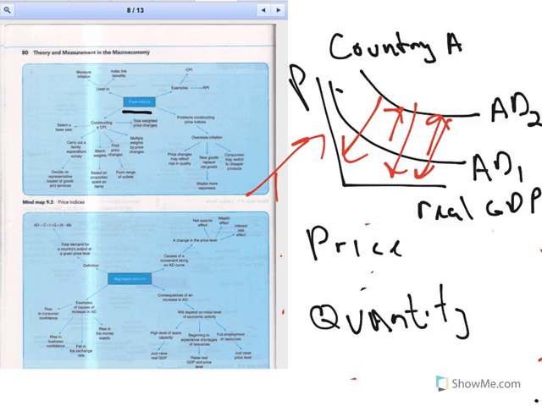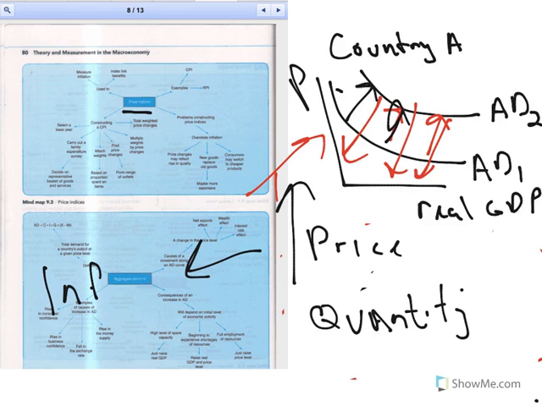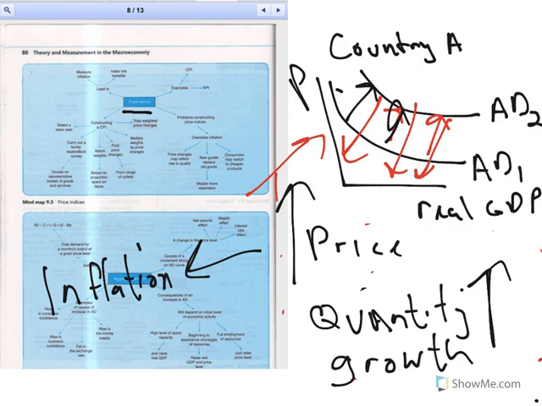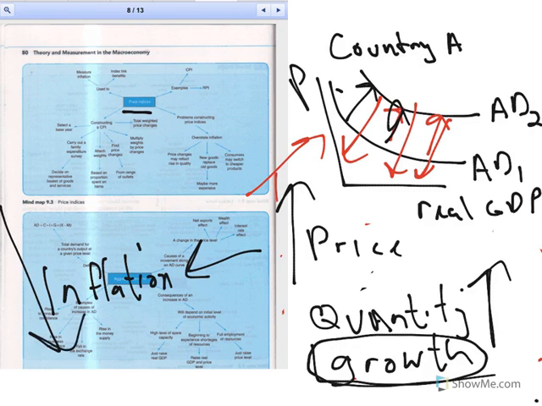Is this growth because of increases in price, which means inflation, or increases in quantity, which is growth? Our goal as a country is to increase growth and to decrease inflation. Inflation is bad. We don't want a high inflation rate. So that's what this section is about.